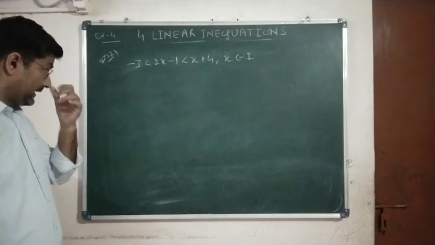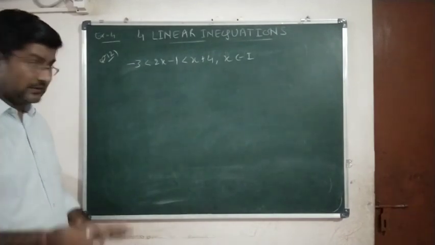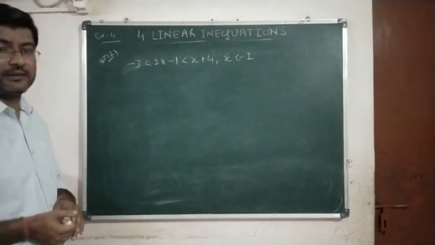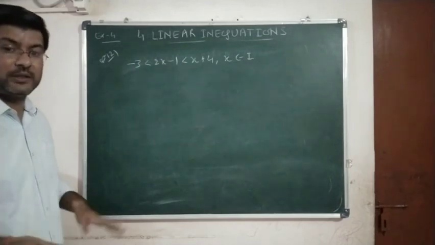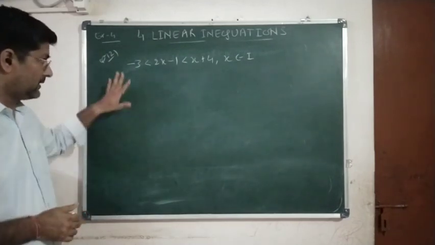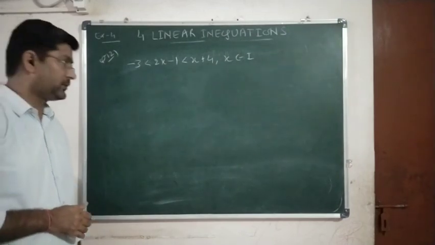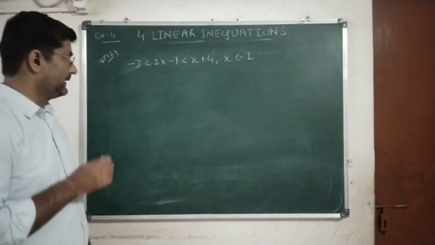I will show you. We can directly solve this, or we can split this inequation into two inequations. But in this particular case I will teach you to solve this directly.